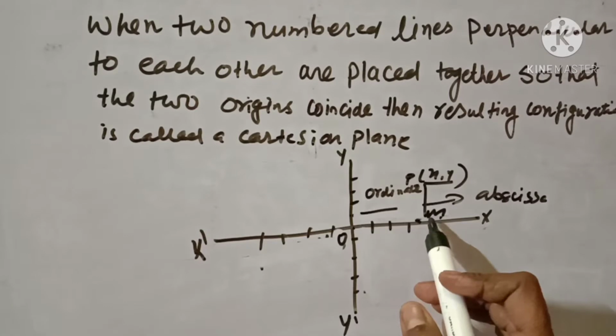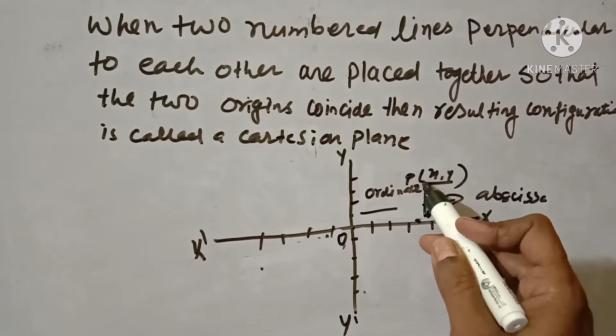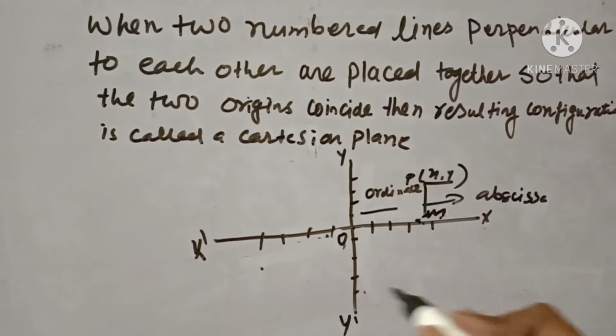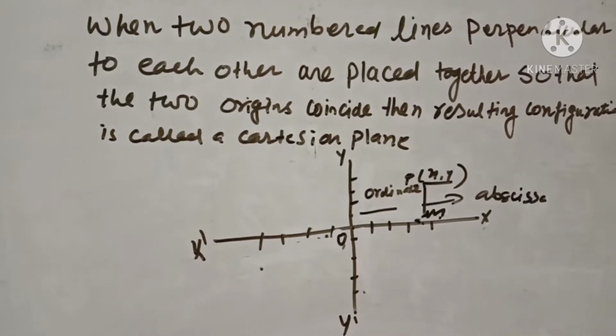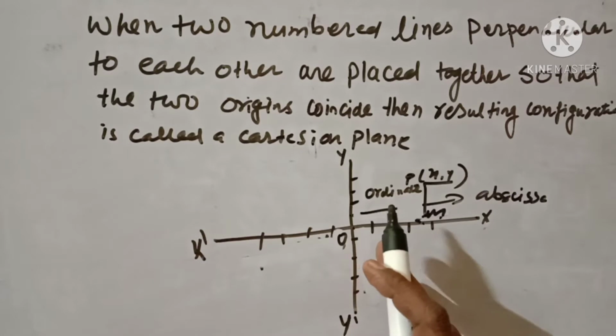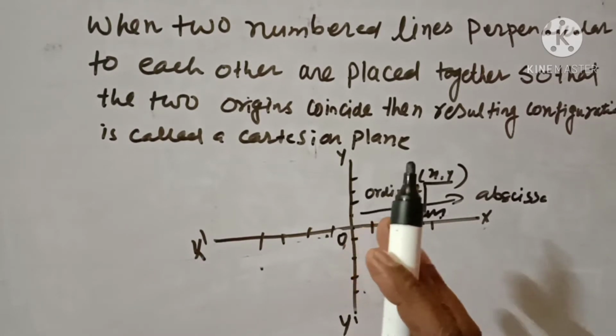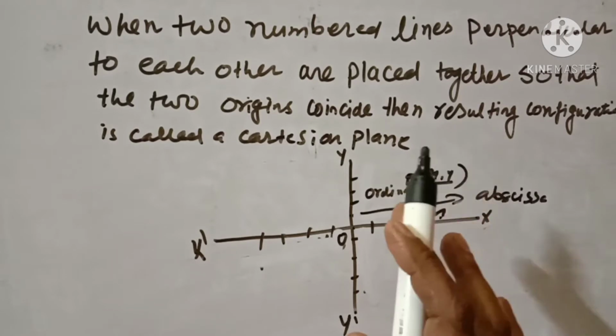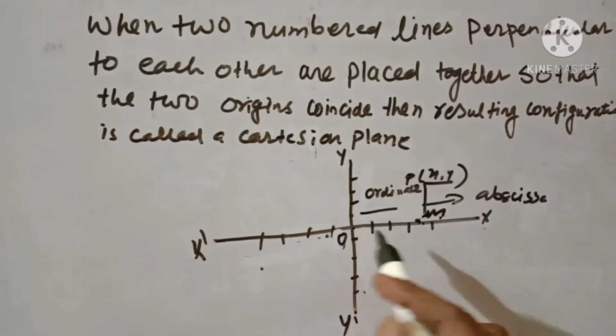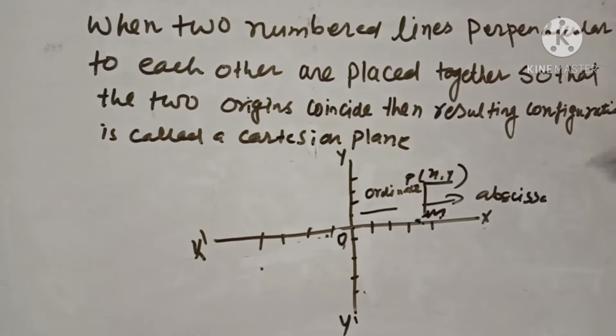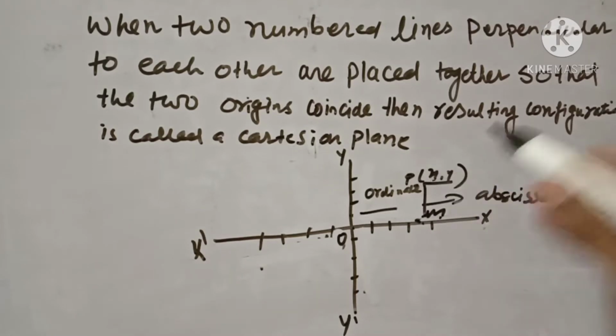OM is known as abscissa, PM is known as ordinate, and together they are the coordinates in the Cartesian plane. The x and y taken together are called Cartesian coordinates, or simply coordinates of P, denoted by (x, y). Write down please.